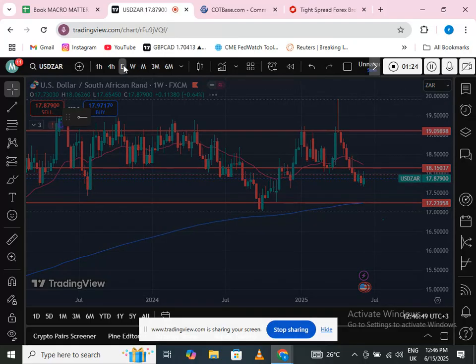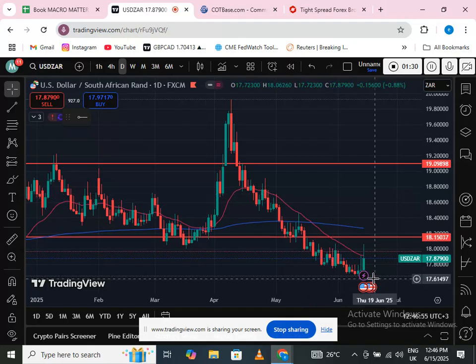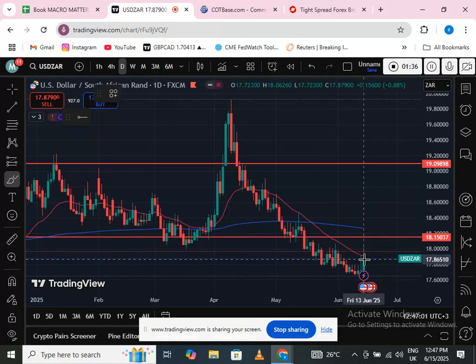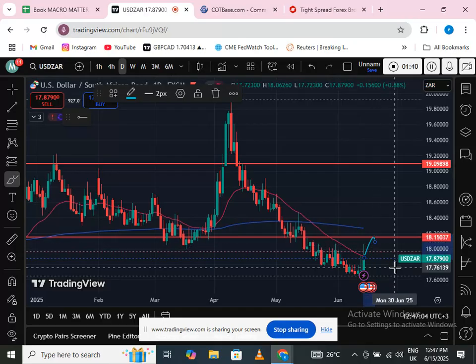Let's look at the daily time frame. The current market price, as I said, is at 17.87 now. This is what we'll do, guys: we want you to wait for the price to come back to 18.15.